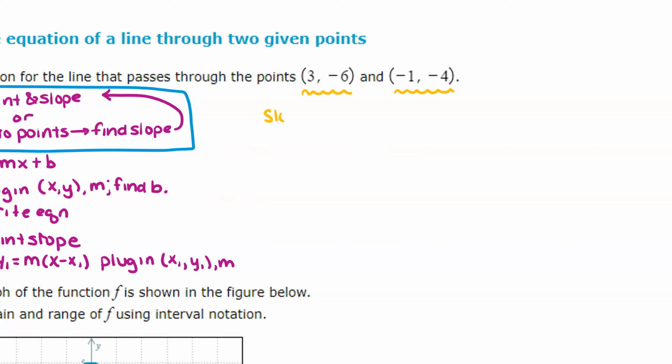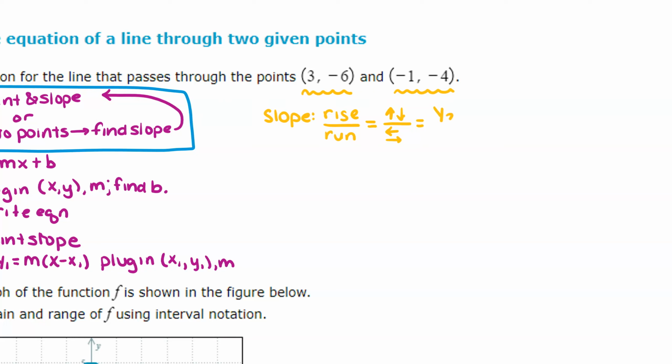So to find the slope, it's going to be rise over run. Now, rise is how much you've changed up or down, and run is how much you've changed left or right. And to calculate that when you don't have a picture, you can subtract your y's.